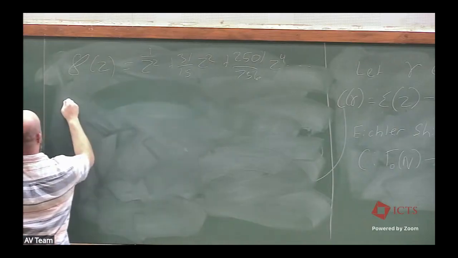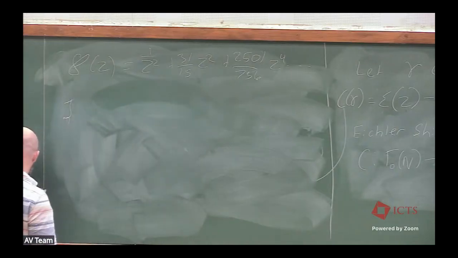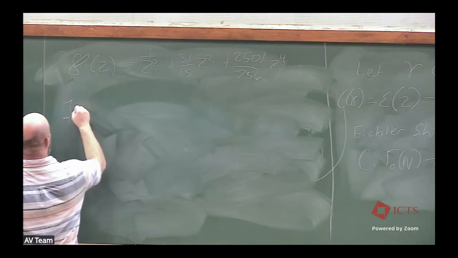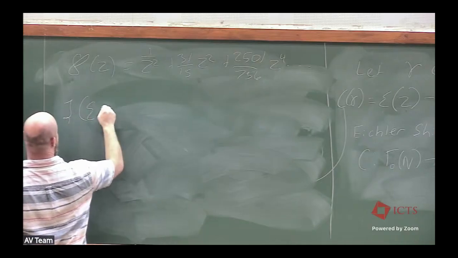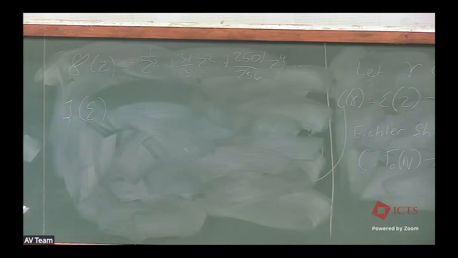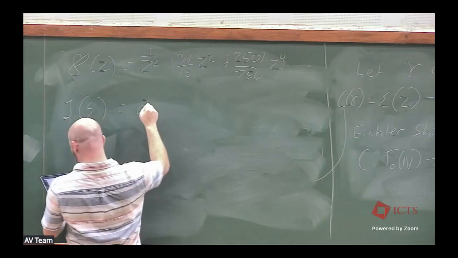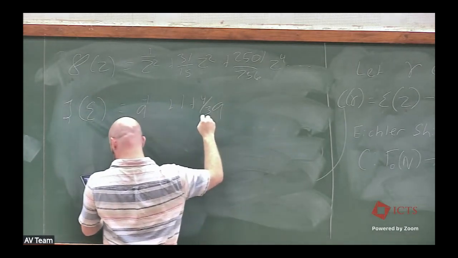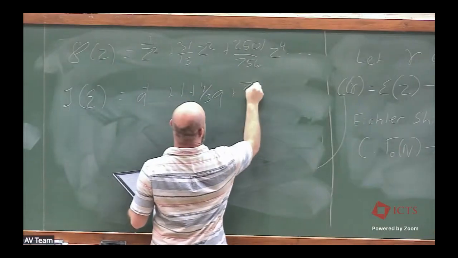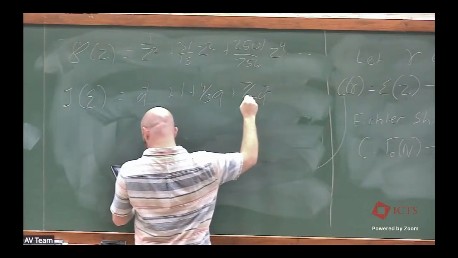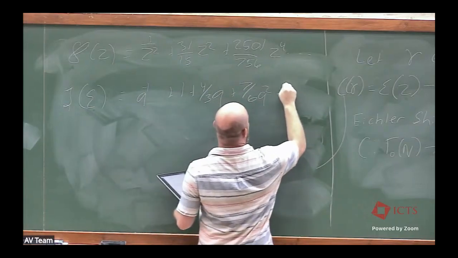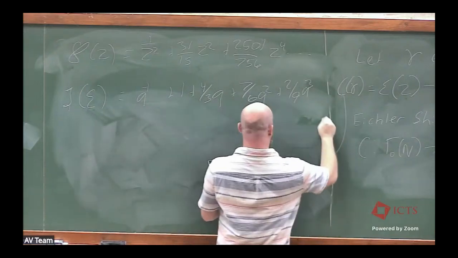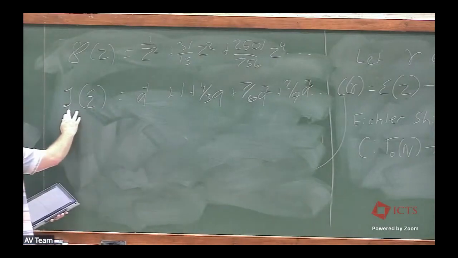Okay, I can integrate to get the Weierstrass zeta function. If I take the Weierstrass zeta function and I plug in this Eichler integral, okay, I will get q to the minus 1 plus 1 plus 4/3 q plus 7/6 q squared plus 2/9 q cubed, etc. Now this is the ordinary Weierstrass zeta function.